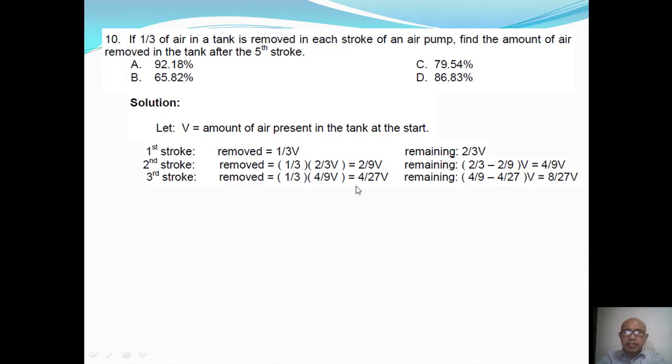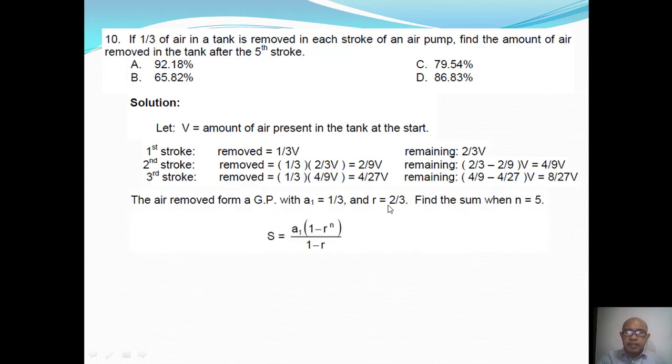The amount of the volume of air removed in every stroke forms a geometric progression. This is a geometric progression with the first term 1/3 and the common ratio equal to 2/3. 1/3, 2/9, 4/27.